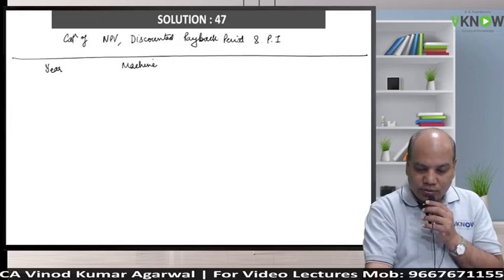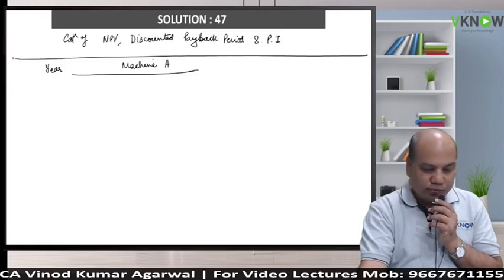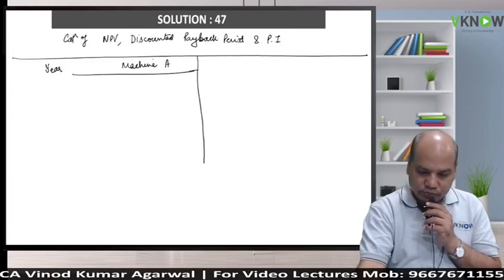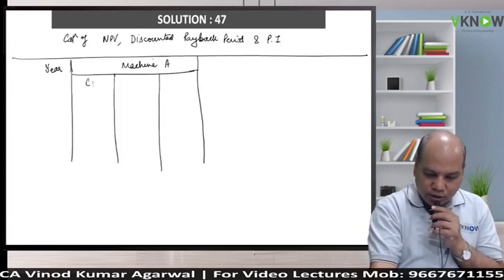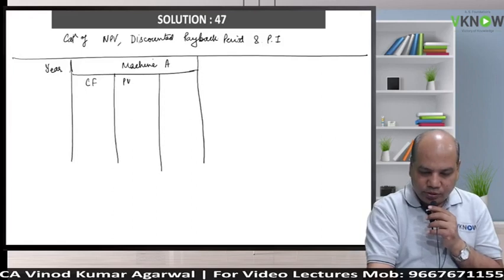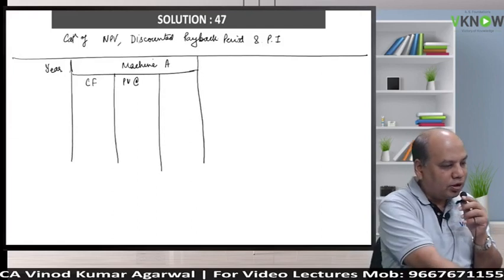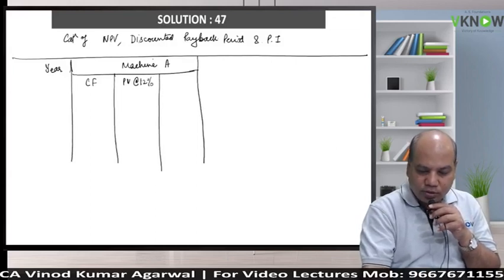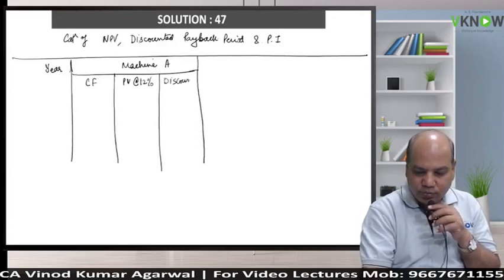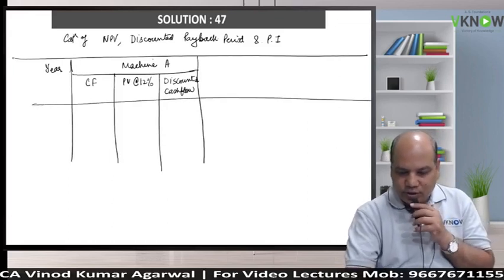Then write machine A. Under machine A, we have three columns: cash flow, present value at the rate of 12%, and discounted cash flow.